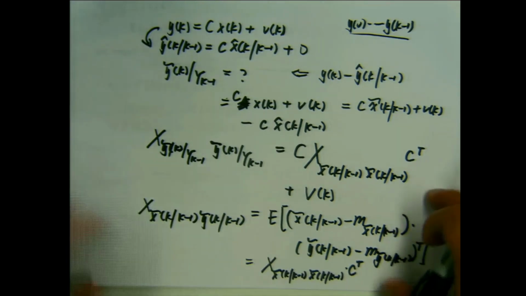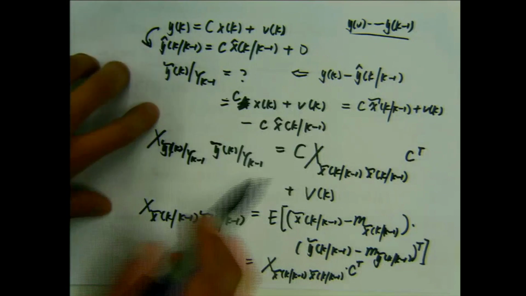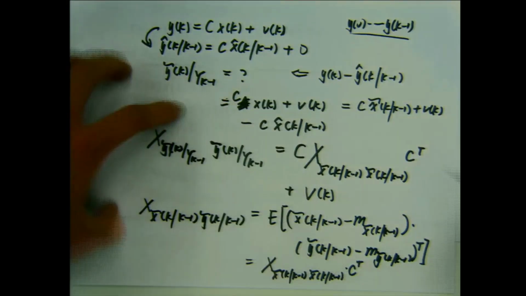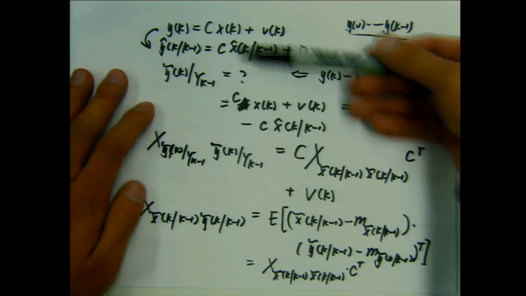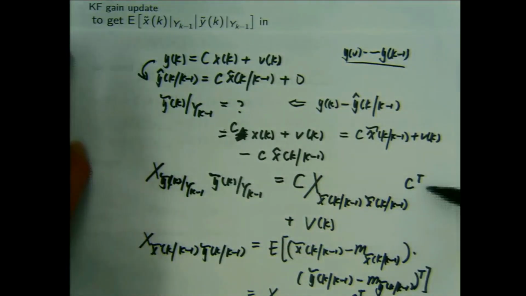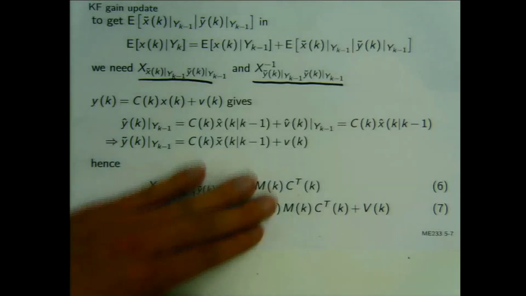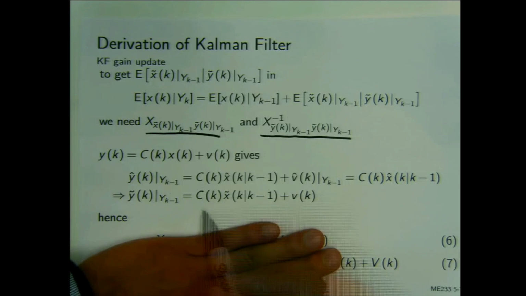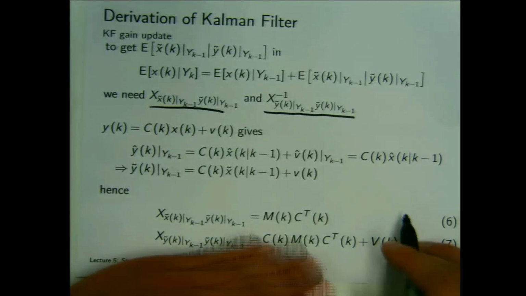Get familiar with these notations. Here I'm using the constant case. C is constant, but it doesn't matter if C is a time varying matrix. The case for the time varying matrix is used here; if it's time varying, the result is here.